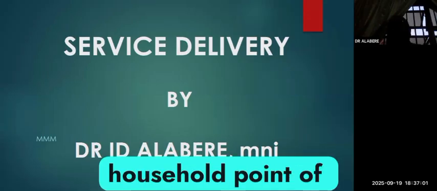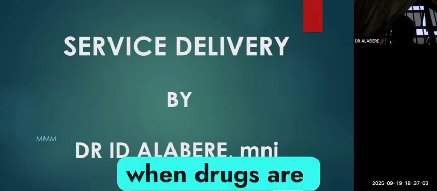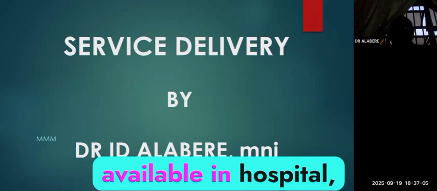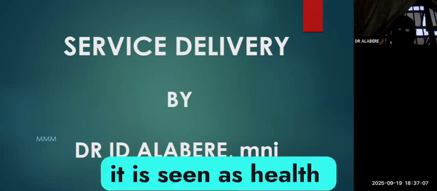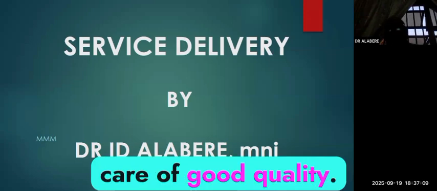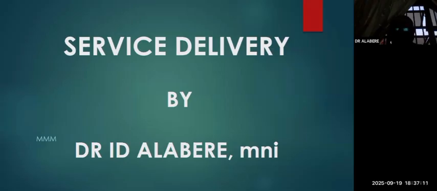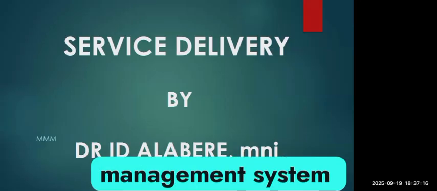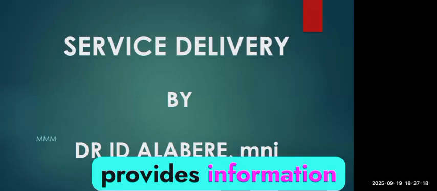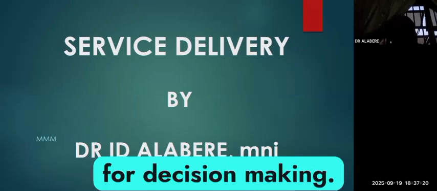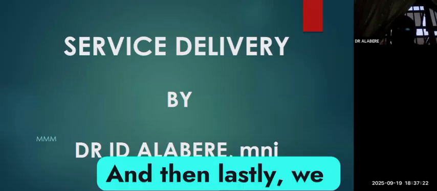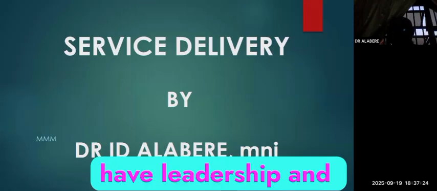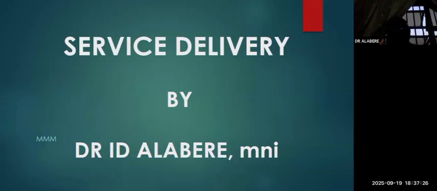In fact, from the household point of view, when drugs are available in the hospital, it is seen as healthcare of good quality. Then we'll talk about health information management. The health information management system provides timely information for decision making. And then lastly, we have leadership and governance.